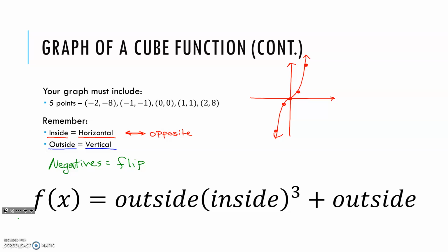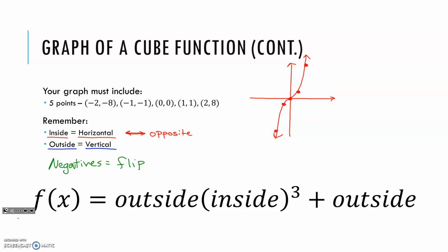Now, this is going all the way back to when we started with our parabola. Looking at things on the inside, just like with our parabola, if I had y equals (x minus 2) squared, that minus 2 is on the inside, so that would cause a shift to the right 2, because on the inside we do the opposite.